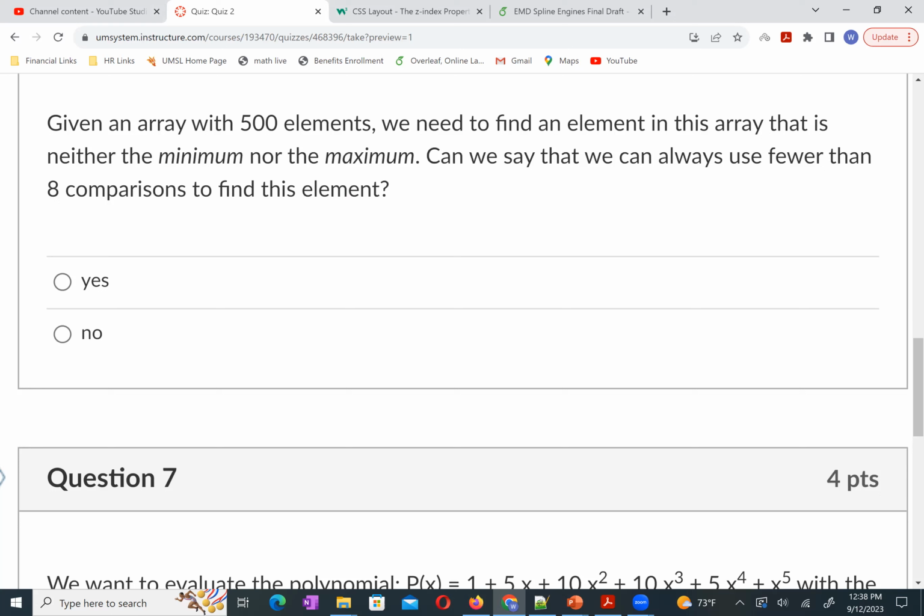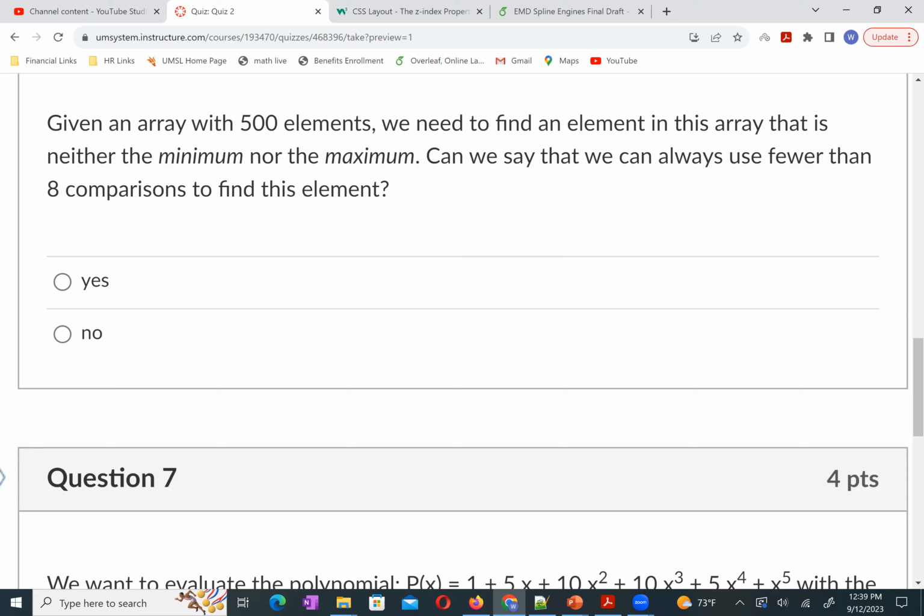Now, another step. Here, I reduce the size. I make this size smaller. I change this number to 498, just 2 fewer elements, and I solve the same problem.